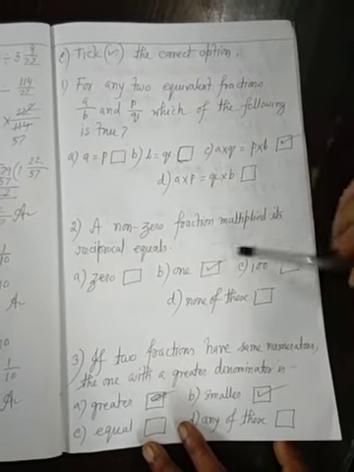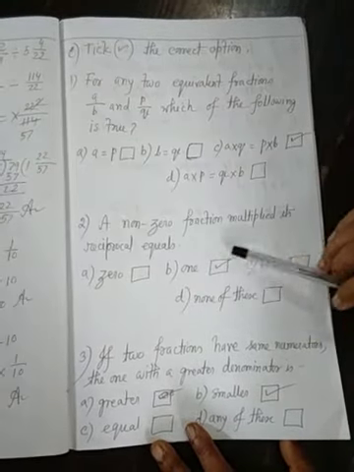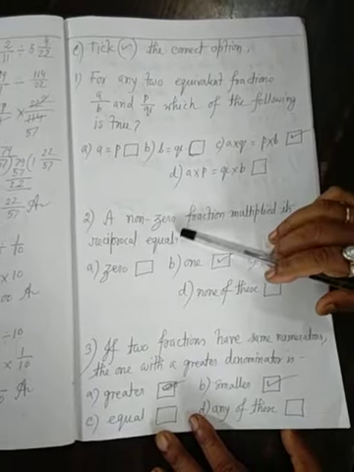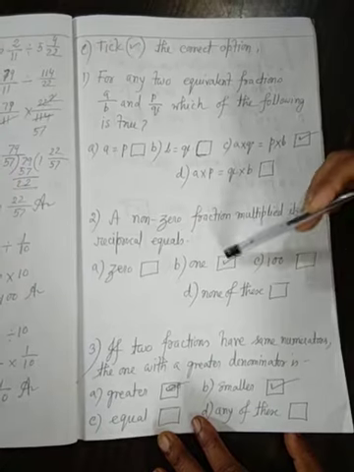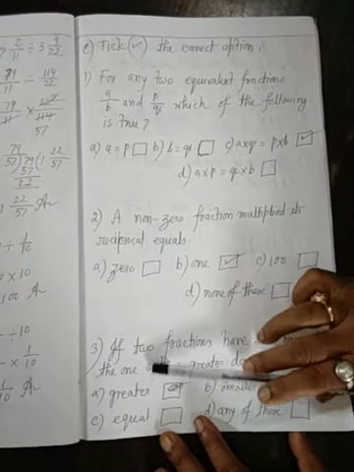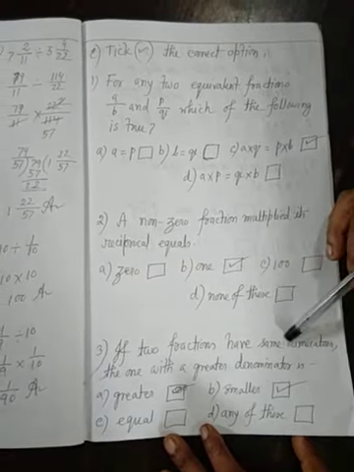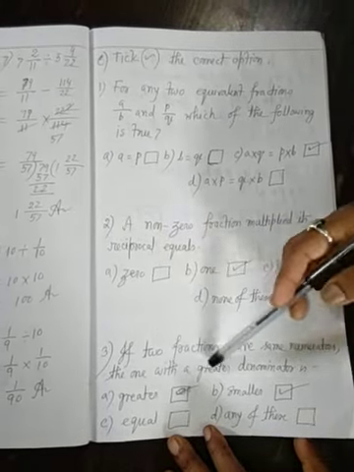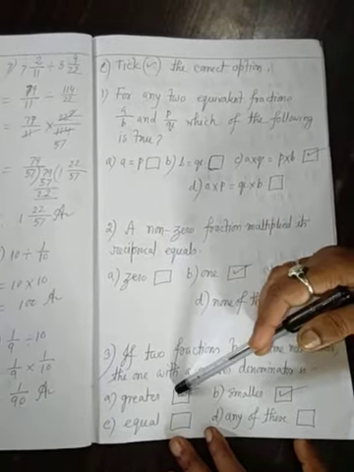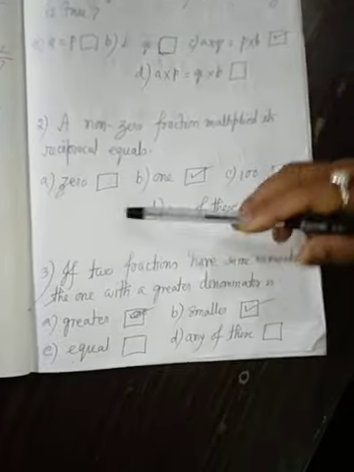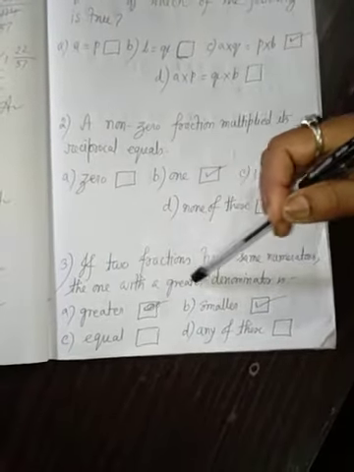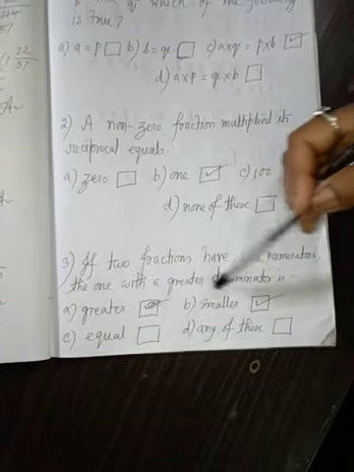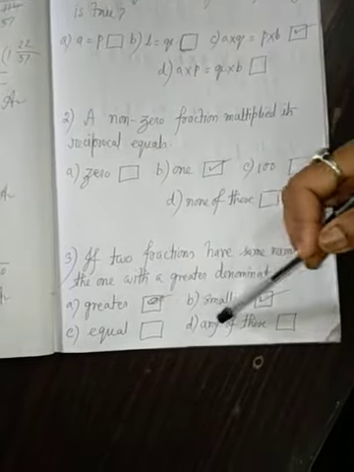Okay. 2. A non-zero fraction multiplied by its reciprocal equals 0, 1, 100, none of these. Answer: 1. 3. If two fractions have the same numerators, the one with a greater denominator is greater, smaller, equal, any of these.